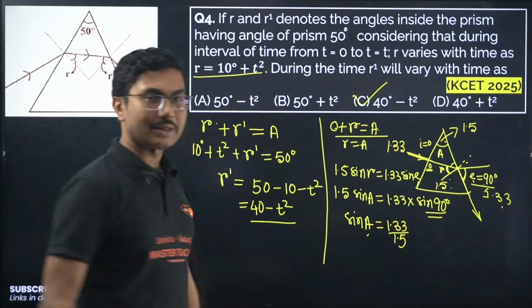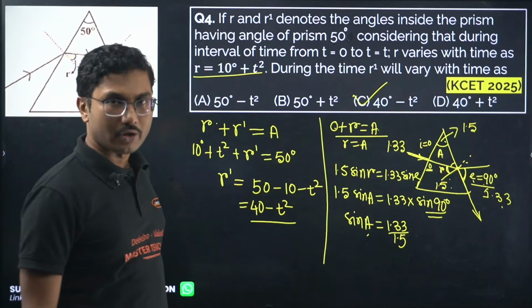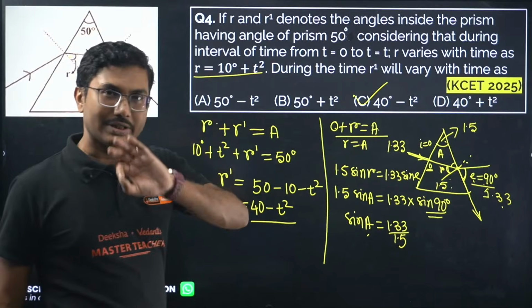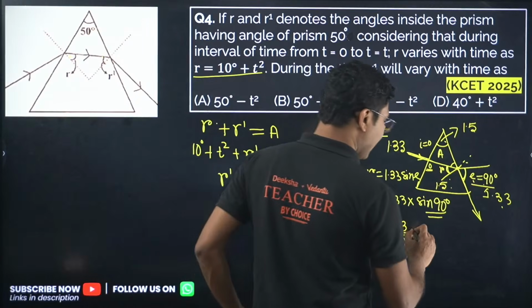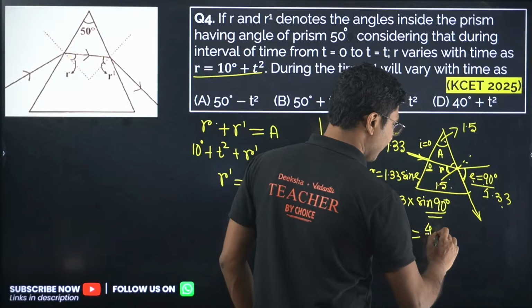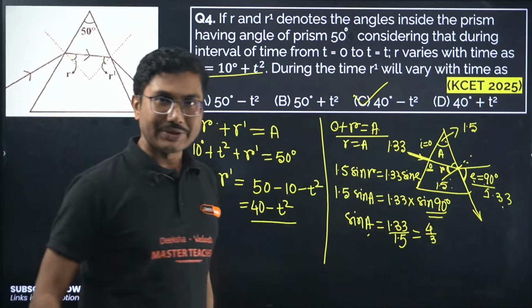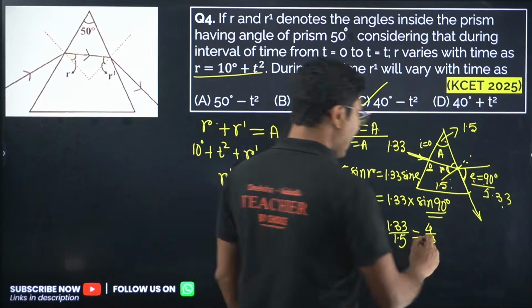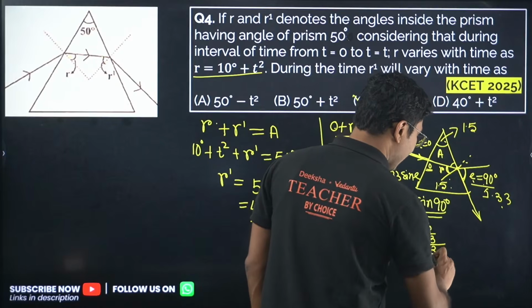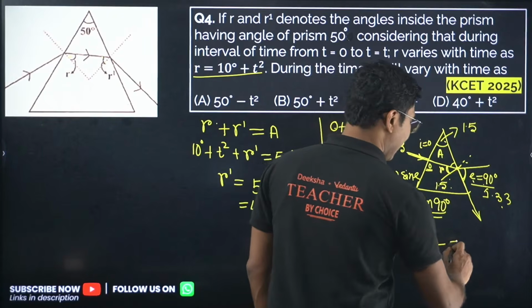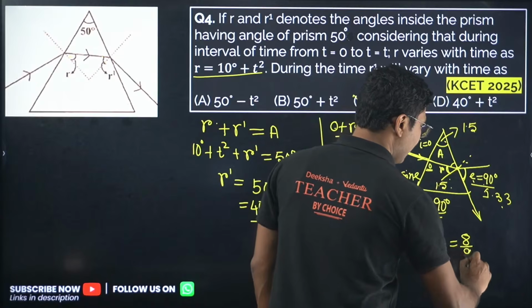Now you might think, okay sir, we have reached this point, now how to solve it? I will share a trick for this as well. 1.33 can be written as 4 by 3 and 1.5 can be written as 3 by 2. So it will be 8 upon 9.